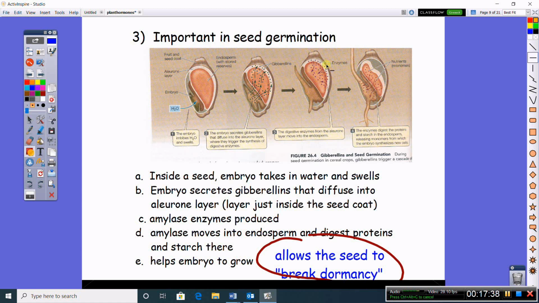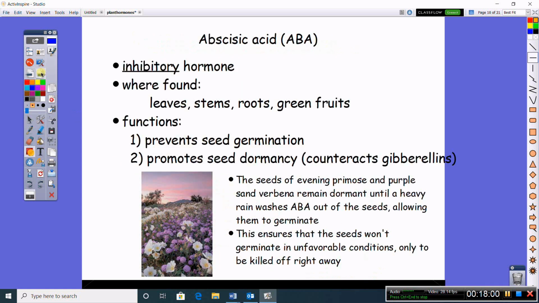In turn, the aleurone layer is going to produce amylase enzymes that break down the starch in the endosperm, and that's going to provide nutrients for that growing embryo, which is going to allow that embryo to grow and rupture out of the seed coat. So we say that gibberellins are important in seed germination because they allow the seed to break dormancy.